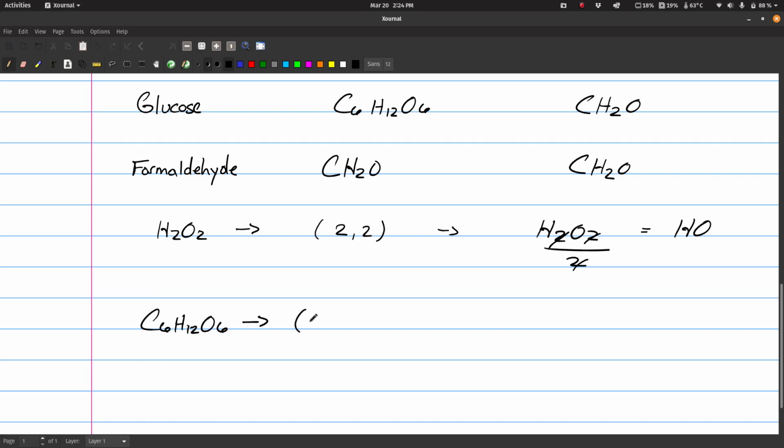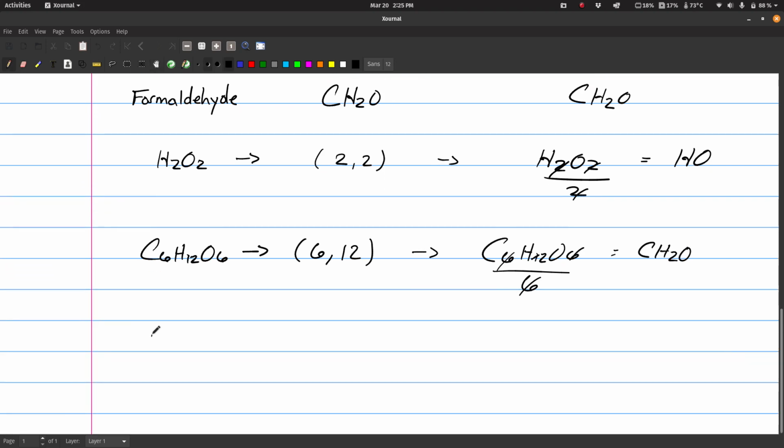Same thing for C6H12O6. I have 6 and I have 12. 6 goes into both of these, so 6 goes in once here and twice here. If I divide by 6, cross these off, I'm going to end up with CH2O.